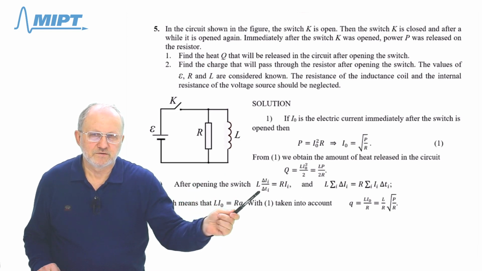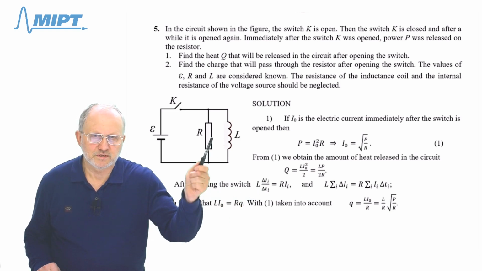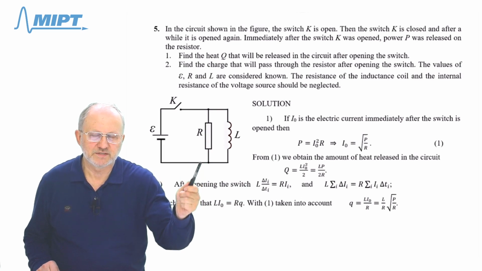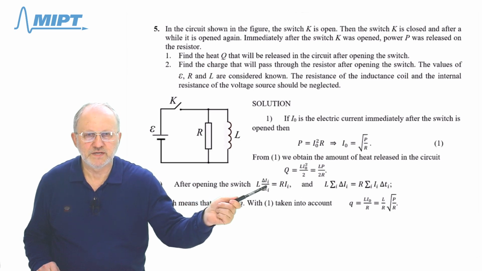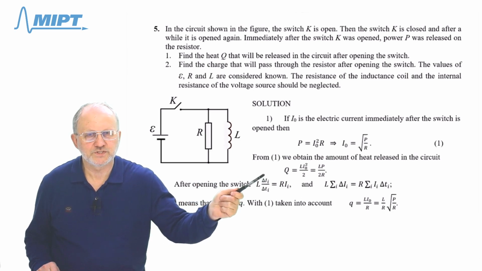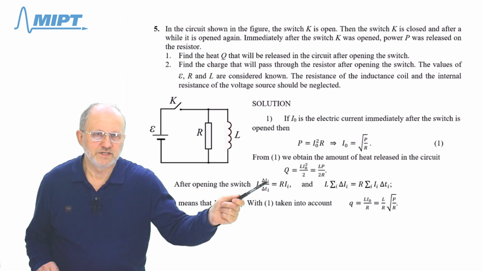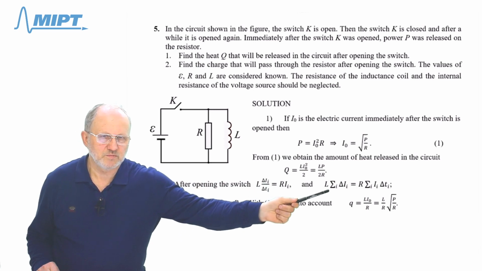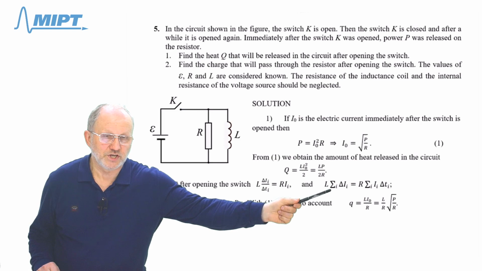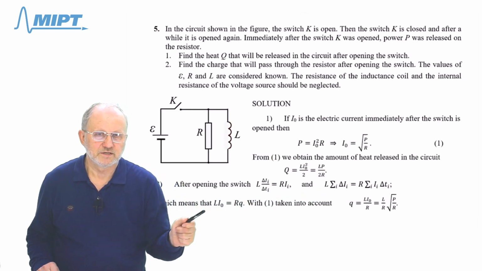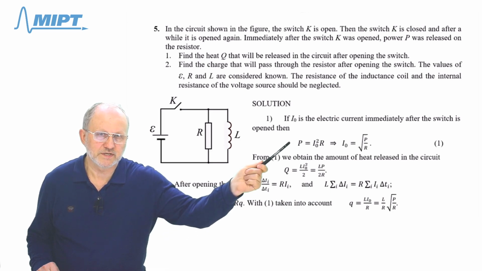We know that the maximum current flows in the initial moment of time, and then the current decreases down to zero. So if we sum up all the changes of the electric current during the infinite period of time, we obtain the initial current. So this sum of all changes delta I gives us the initial current I0, which, by the way, we have already calculated.